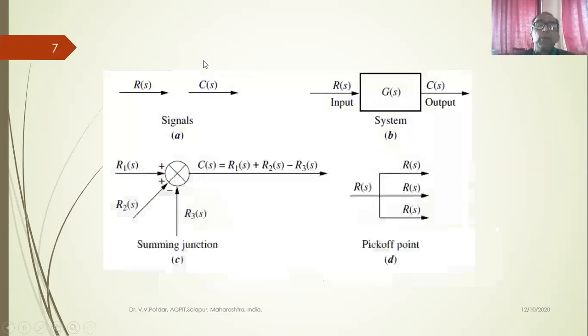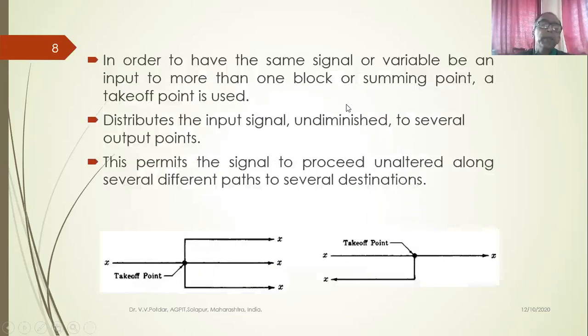Takeoff point can be moving forward, or pickup point can be moving backwards. In order to have the same signal or variable be an input to more than one block or summing point, a takeoff point is used. This is the takeoff point. The same X is going straight, going in one branch, going in another branch. As I told, this is one direction of signal flow. This is another direction of signal flow. X is going straight also. It is in the forward path also.